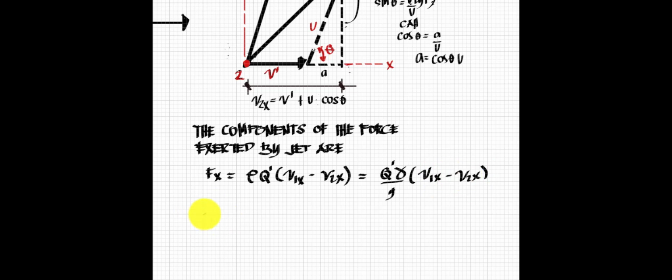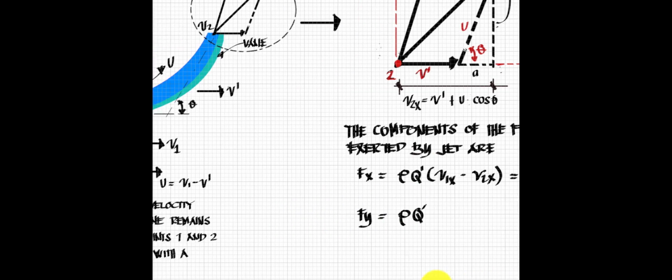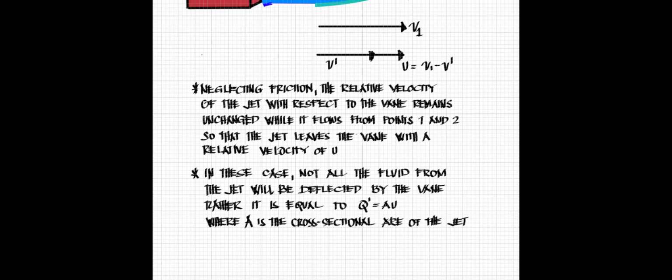Now for your y component, for the force acting, again we have density and the volume flow rate Q prime. The volume flow rate Q prime, we have discussed already, that will be the area times the relative velocity of the jet.